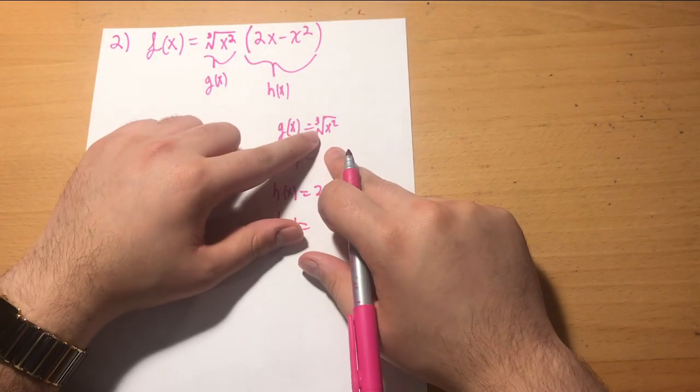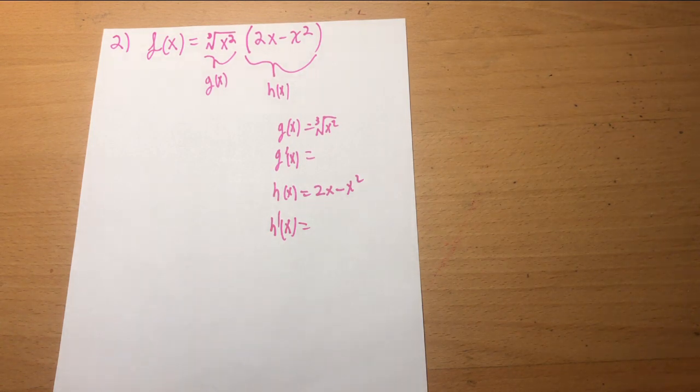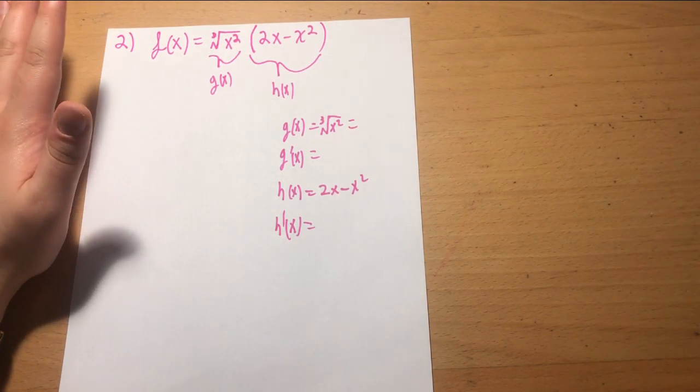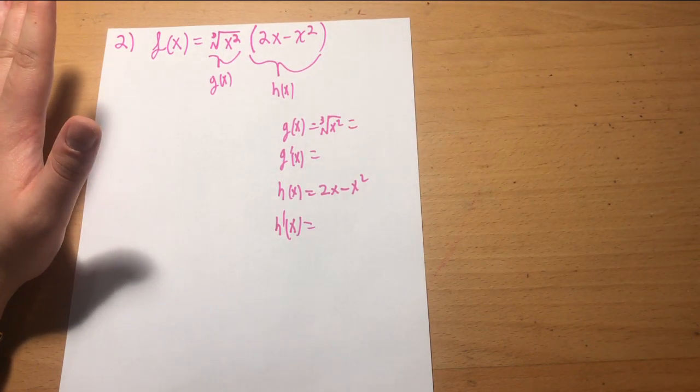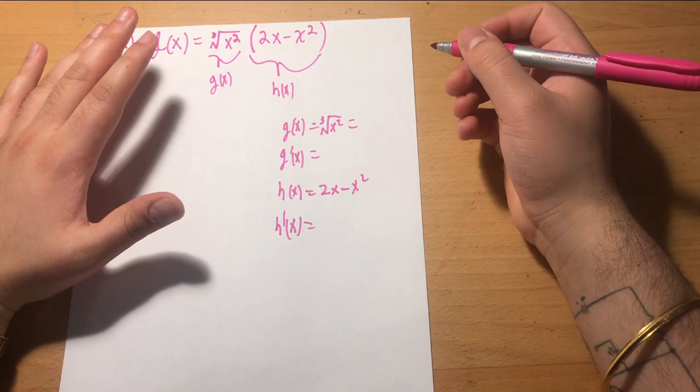So this third root of x squared is a little bit harder to take the derivative of, but still uses the power rule, okay? To use the power rule, we want to convert this into something easier to differentiate, and I'm going to convert this to a fractional exponent.